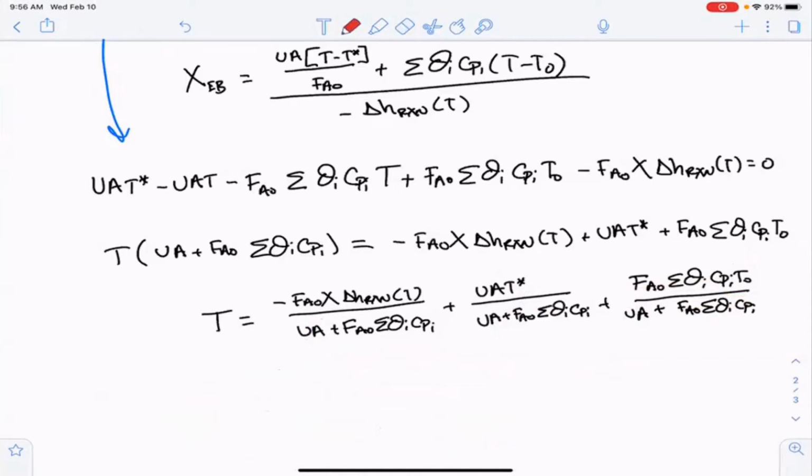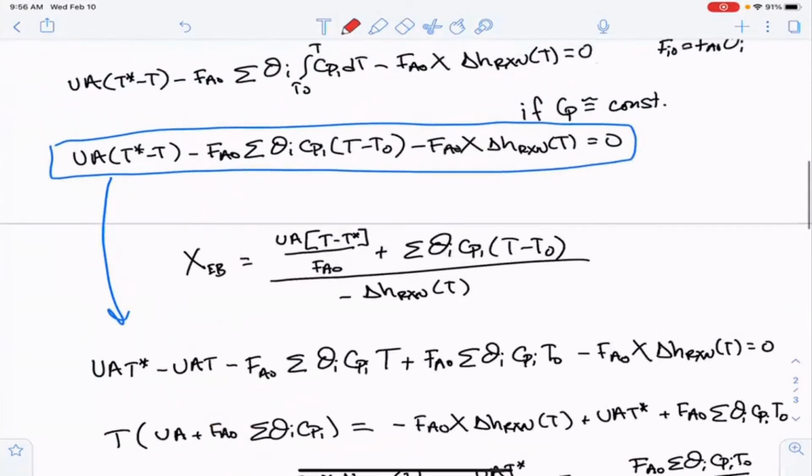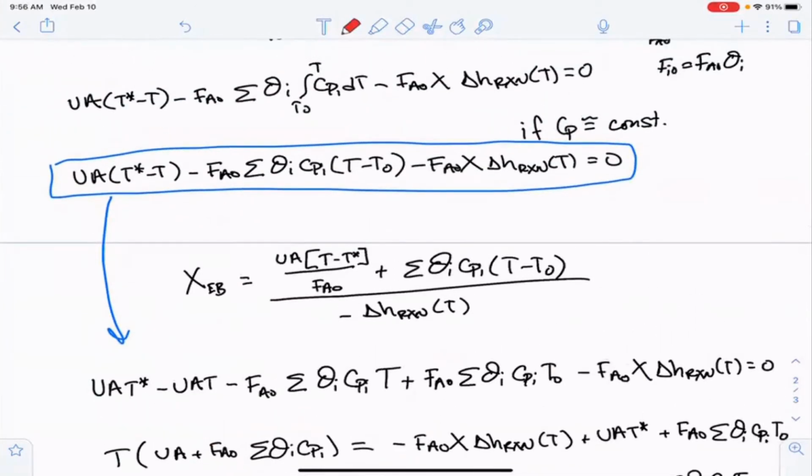So what have we really done so far? We've solved the energy balance to develop a relationship between the jacket temperature, our reactor temperature, and conversion, which we needed last time.